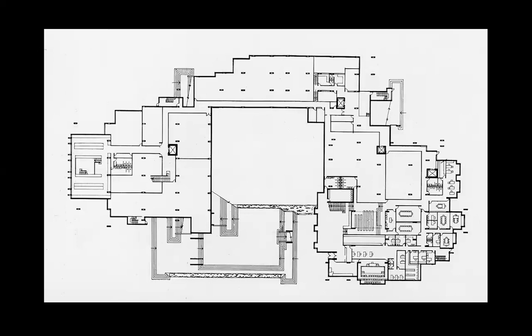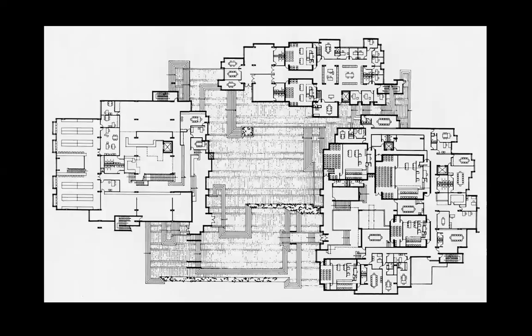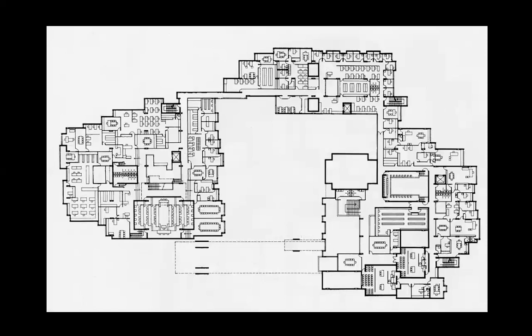But in this case, you'll see it has a fragmentation. You begin to have an idea when you contemplate the plan, and this actually erodes the idea that a governmental building should be monolithic, expressing authority, and so on.